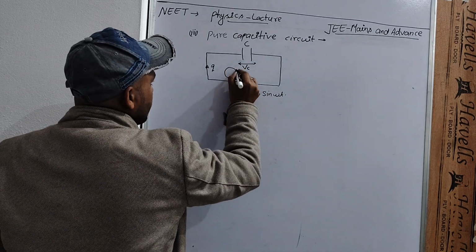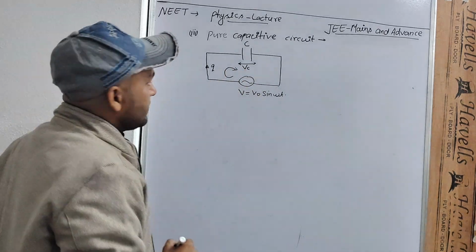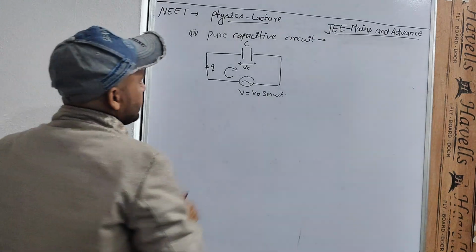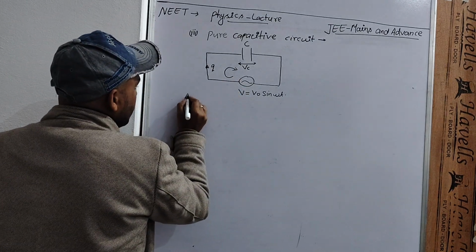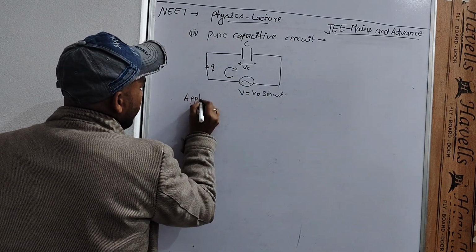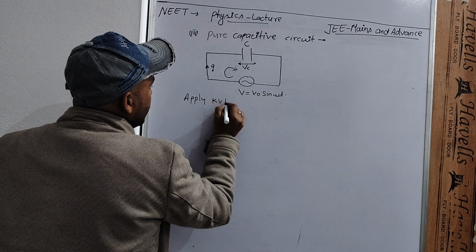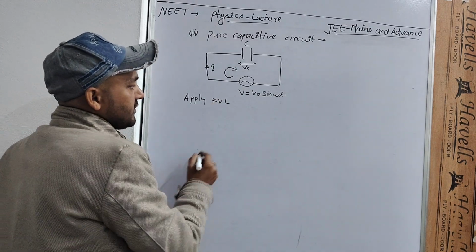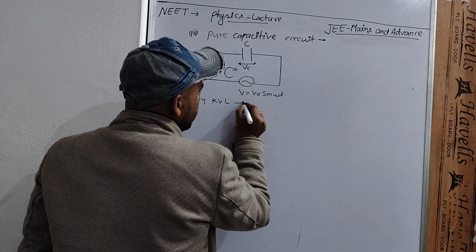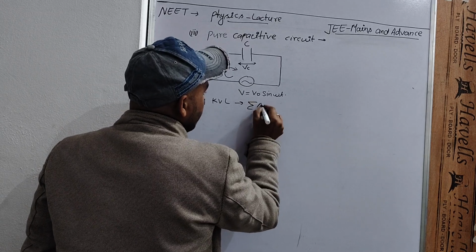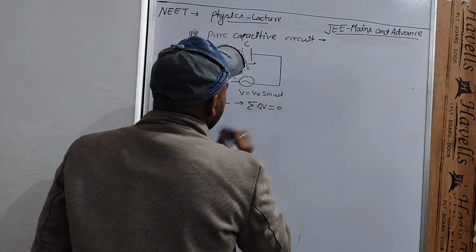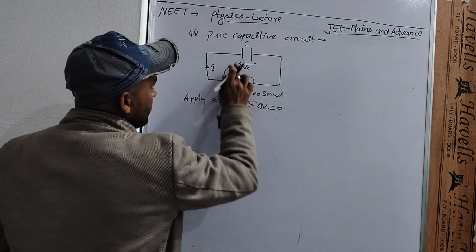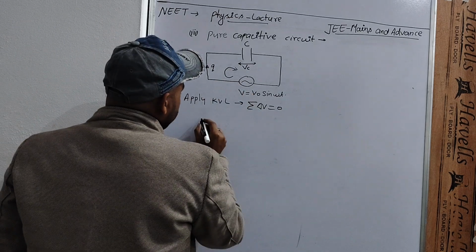Now we apply here in clockwise direction KVL. KVL stands for Kirchhoff's voltage law, which is summation delta V is 0. Now we apply KVL here.